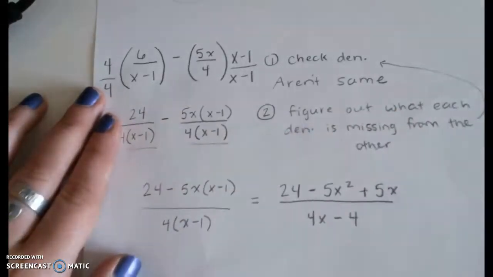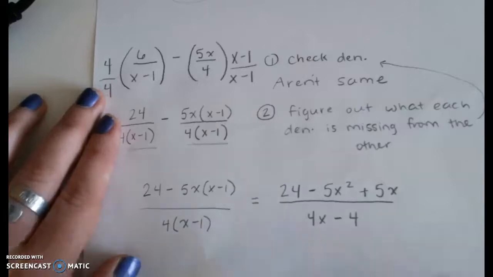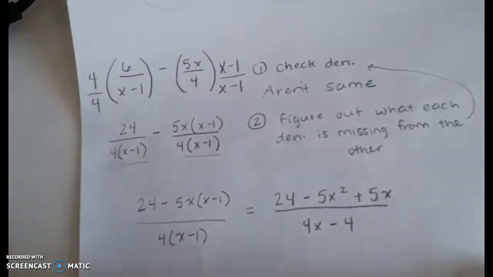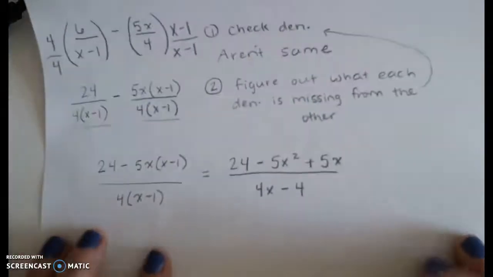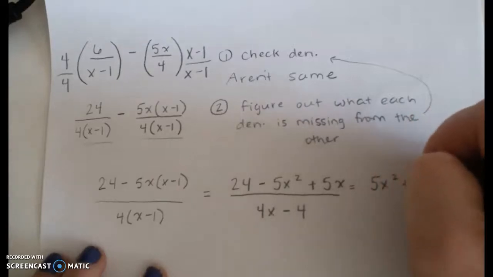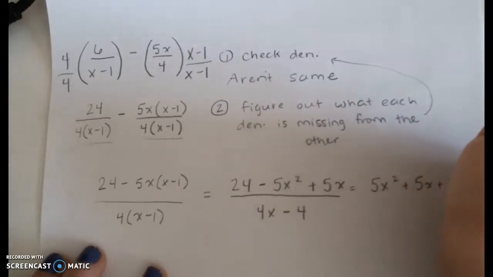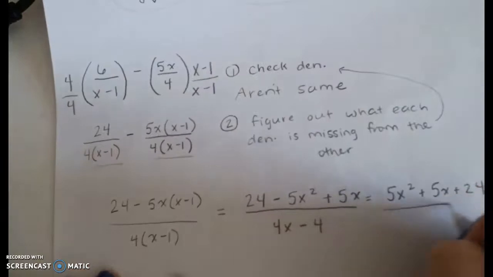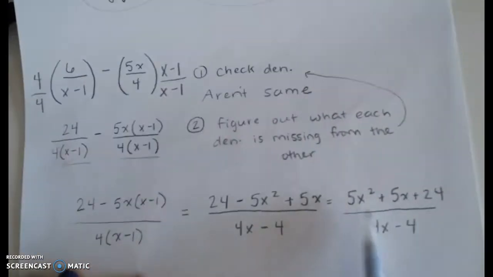Still not seeing anything I can simplify yet, except I can factor, which is what we don't like, but which is what your homework was on. So if I rearrange this, it now looks like it's in its standard form.